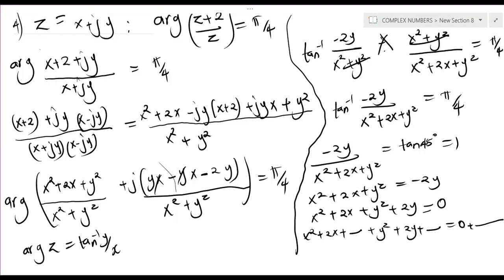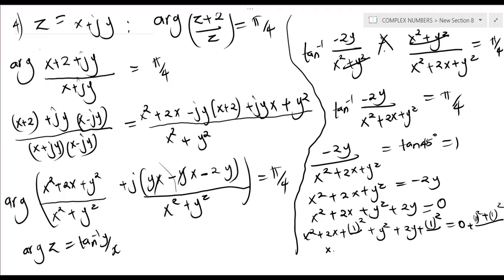So completing the square, 2 over 2, this is going to give us 1 squared, and then 2 over 2 here, this is going to give us 1 squared. So what we added on this side is what we add here, 1 plus 1. So 1 squared, 1 squared plus 1 squared again.